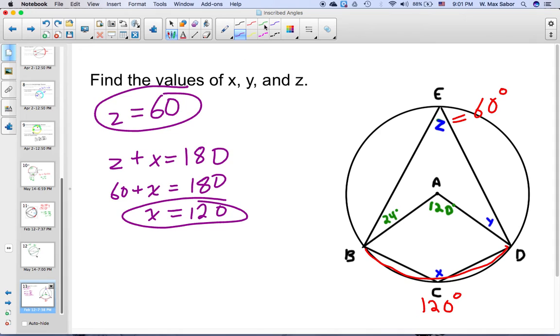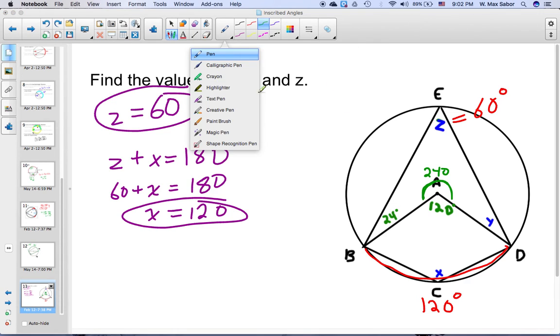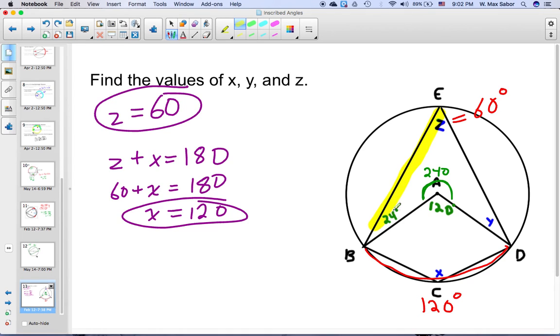Now, how do we find y? Well, this was 120. That means that this will be 240 because together they have to make 360 degrees. Also, if I look at this quadrilateral, the interior angles in a quadrilateral add up to 360 degrees.